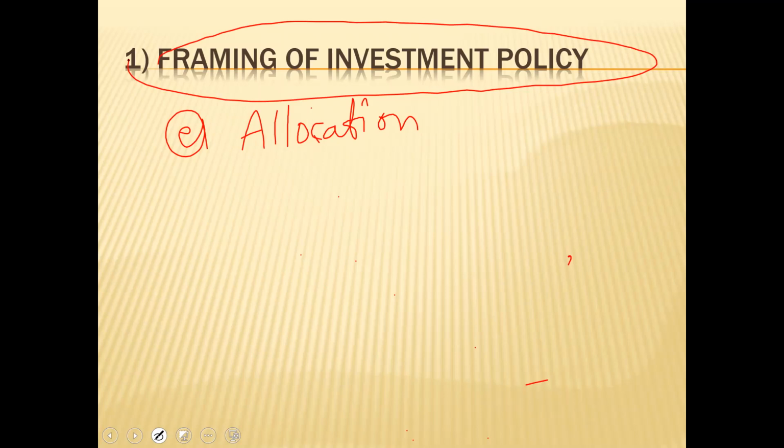First one, how much amount you have to invest, then what is the purpose of investment, then identifying the different investment sources, then studying the characteristics of various investment sources, then last one, allocation of investable funds or amount to the various investment sources. These things come under framing of investment policy.